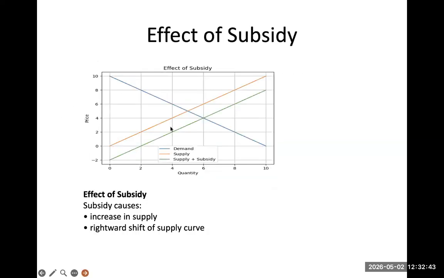For this one too, you can say SS1 to SS2, so there's an inward or rightward shift. Rightward, upward, leftward, you can use it, but you need to label it, let's say this is SS1, SS2, this is DD1. So when this shifts to this side, you can say there's a shift from S1 to S2.